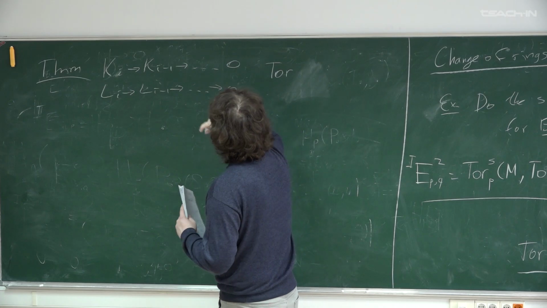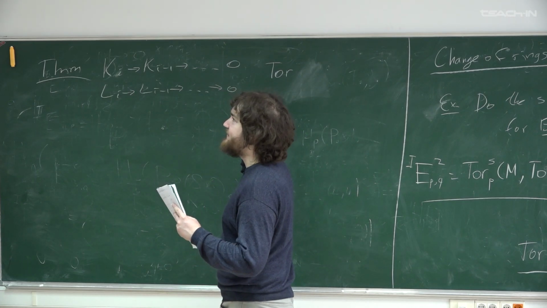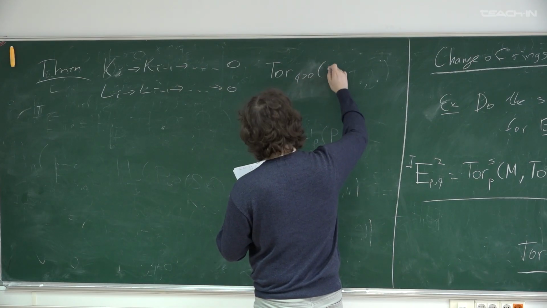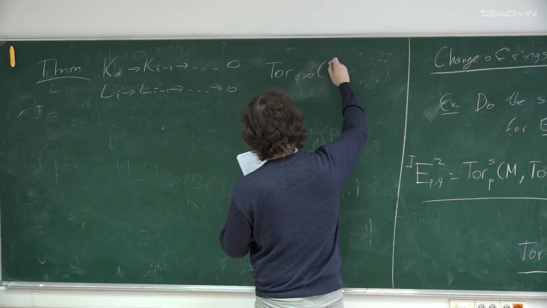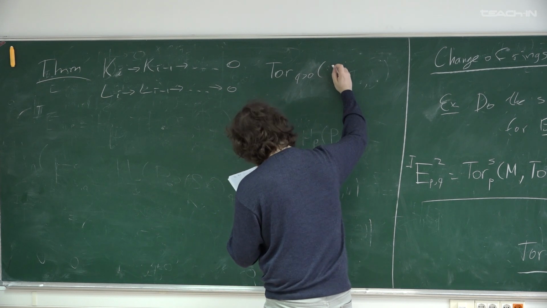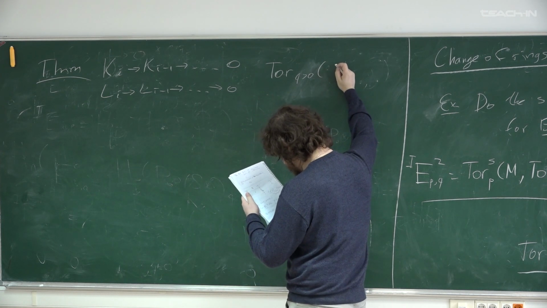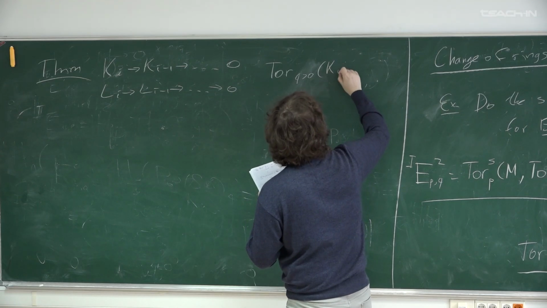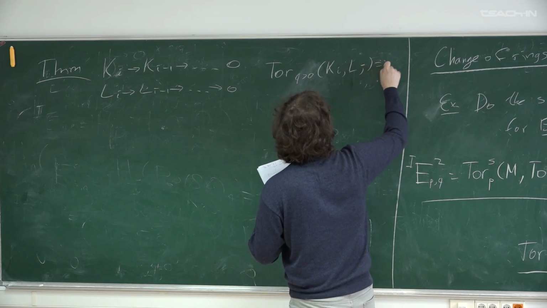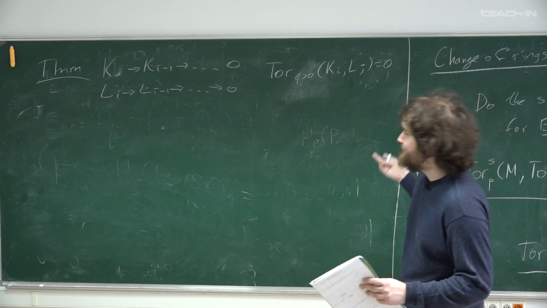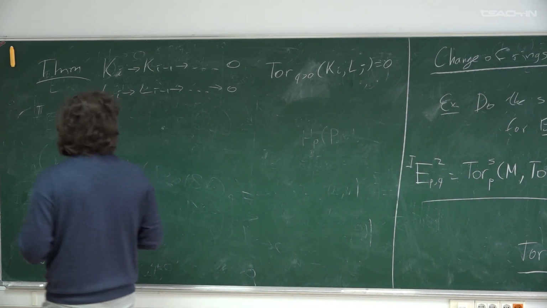So these modules are relatively flat. This means that all higher Tor between these two modules are zeros. So for example, one of them is a flat module, something like this.